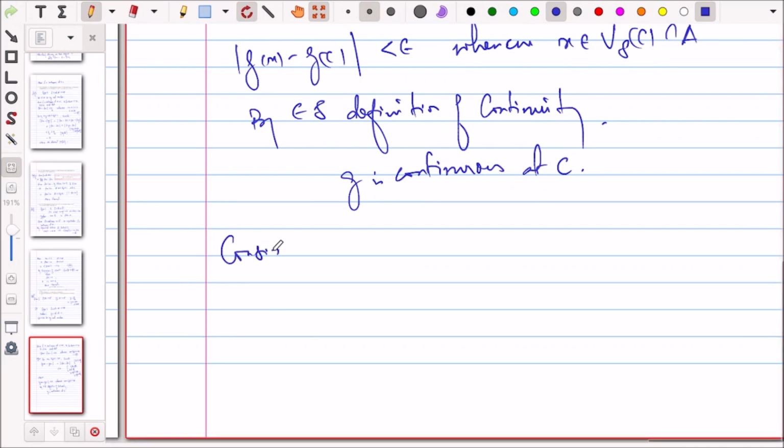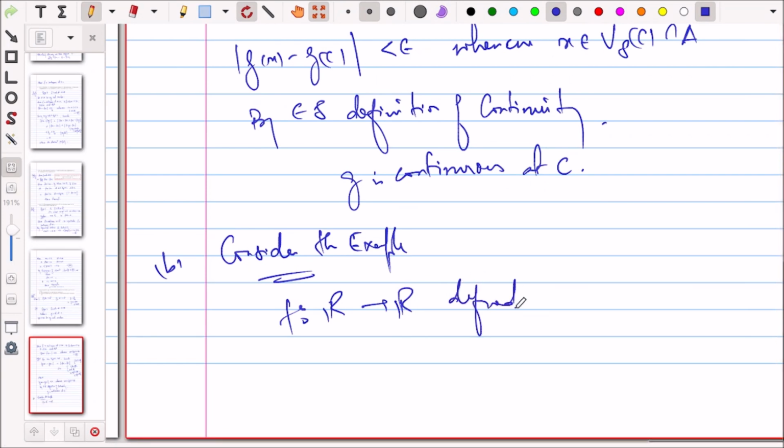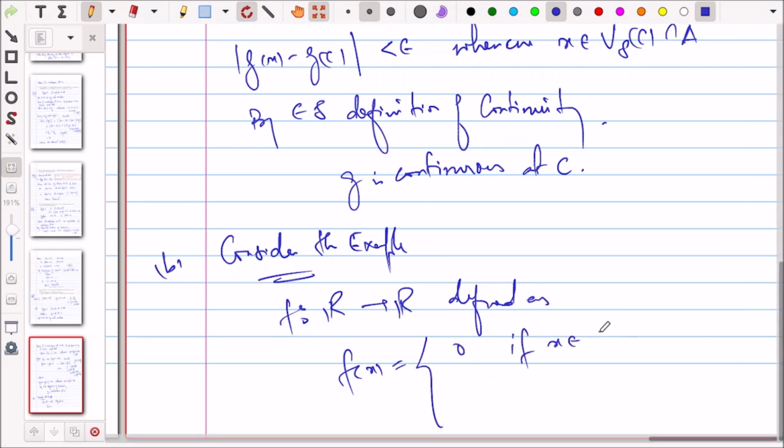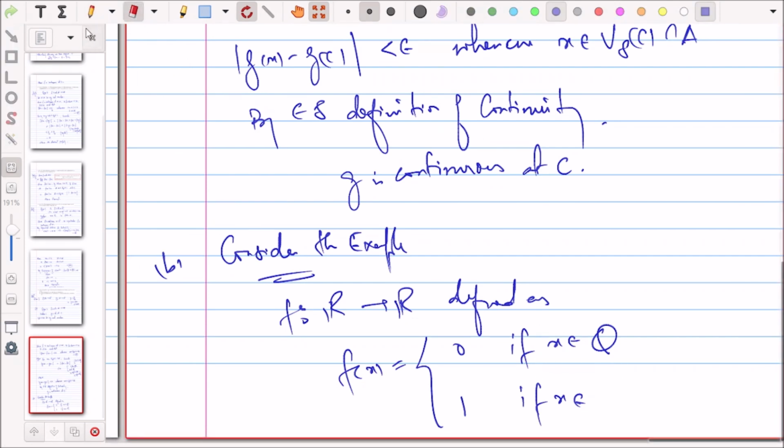So consider the example for B part. You can take f from R to R defined as fx equal to 0 if x belongs to Q and 1 if x belongs to Q complement, which is the set of irrationals.